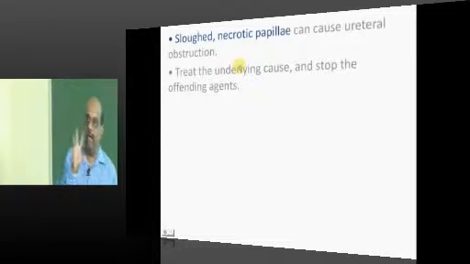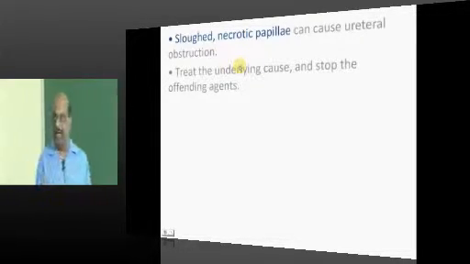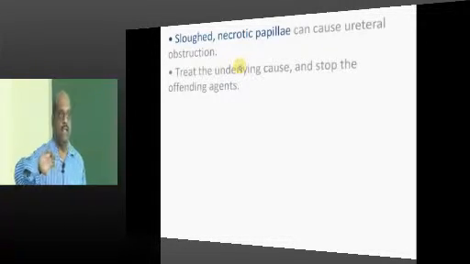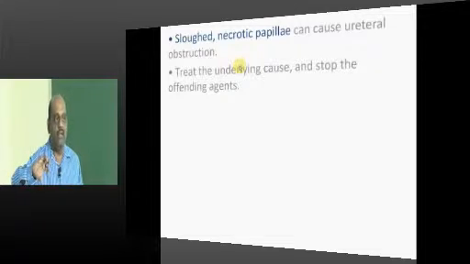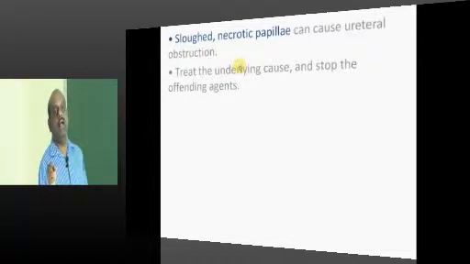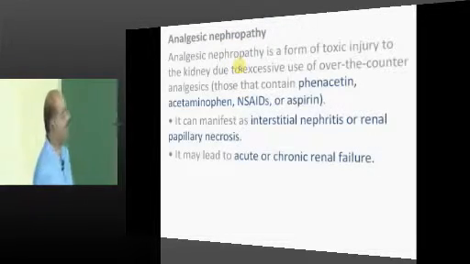Once papillae necrose, where will they drop into? They typically drop into the ureter, and constant dropping of this necrotic material will lead to obstruction. So there will be ureteral obstruction, which will be the ultimate consequence.